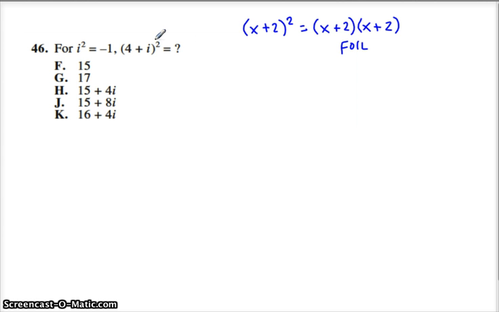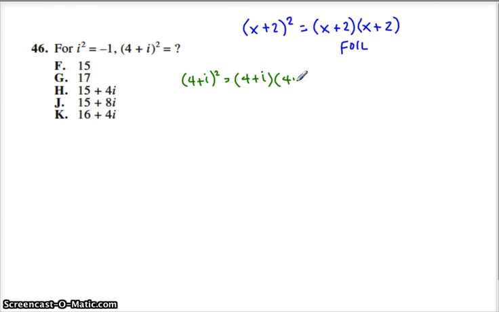It's just squaring, so it's not too bad. So let's go ahead and write it out and see what we get. Keeping in mind that anytime the i is squared, we can replace it with a -1. So we have (4 plus i) quantity squared, which is going to be the same as (4 plus i) times (4 plus i).